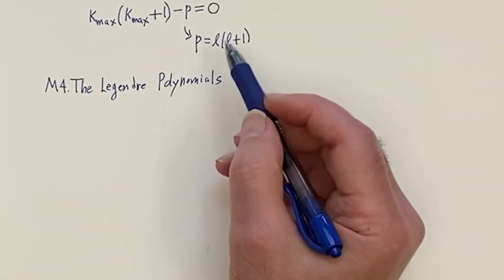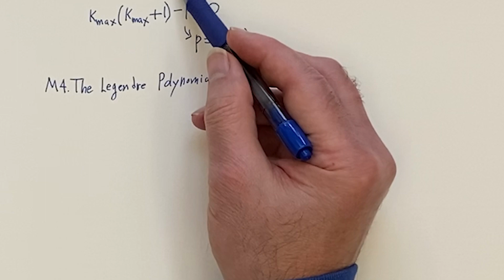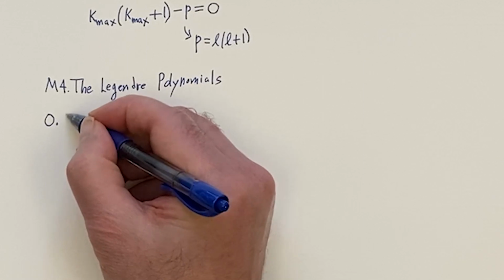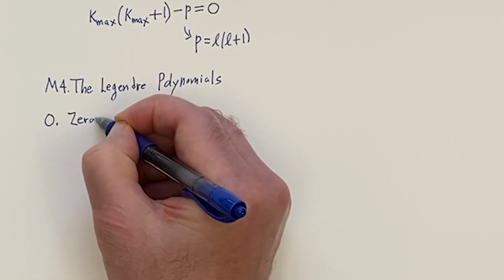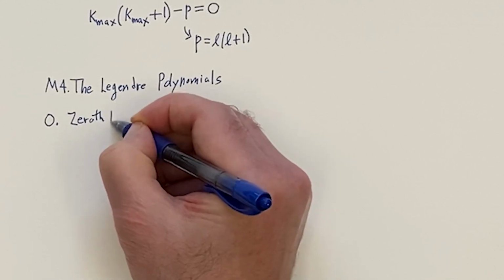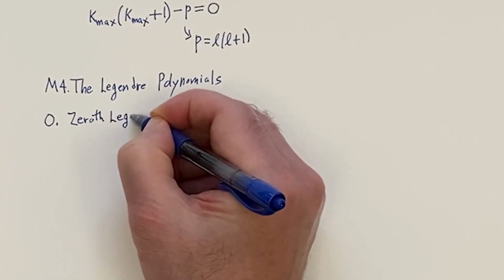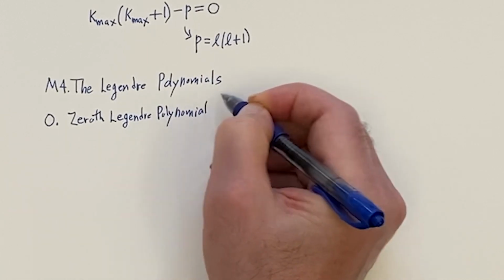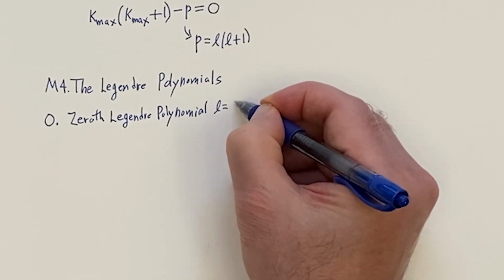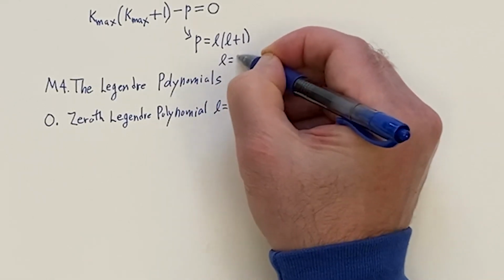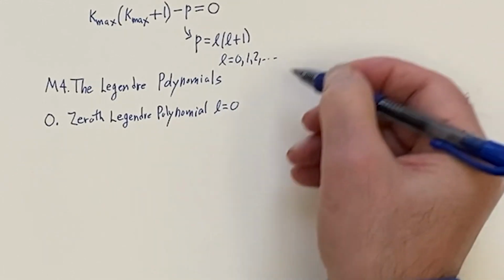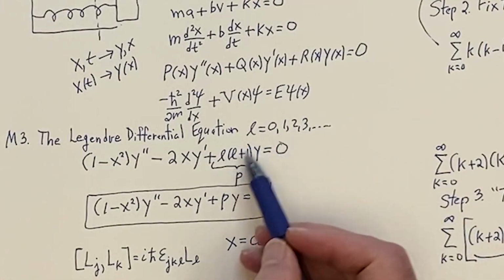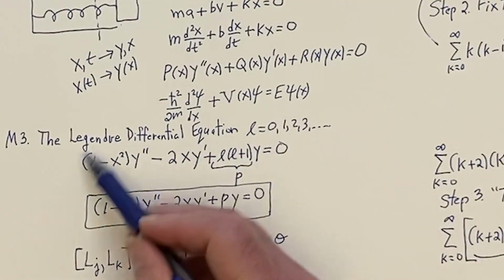Okay, so here's what we do. We use this recursive relationship and find them. And we're going to find here, the first one's going to be part 0. This will be the zeroth Legendre polynomial. And that's the case where l is equal to 0. Because see, remember your l is 0, 1, 2, 3. That's the way we originally set up the situation, the basic equation.